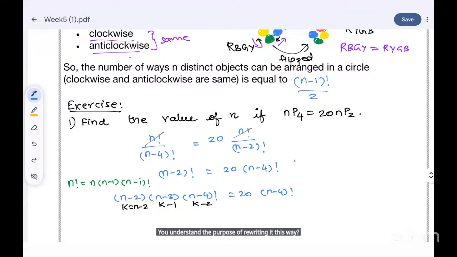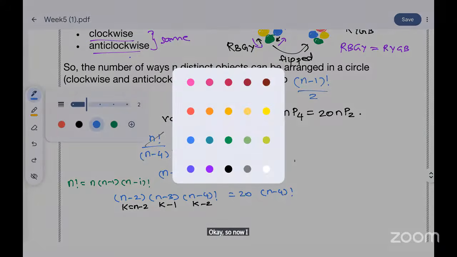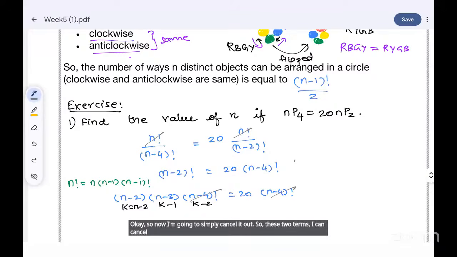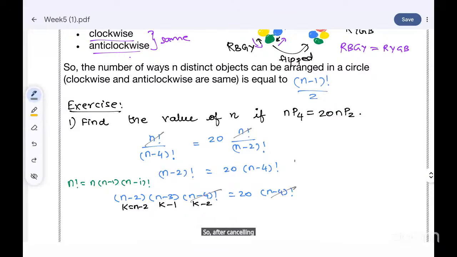Yes, ma'am. Okay. So now I am going to simply cancel these two terms. After cancelling, what will I have? On the left hand side, I have n minus 2 into n minus 3, which is n squared minus 5n plus 6. And here I have 20.